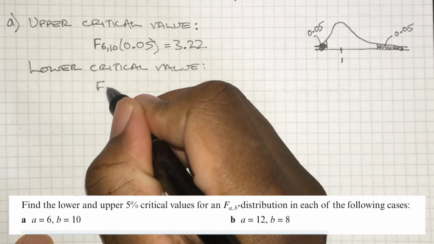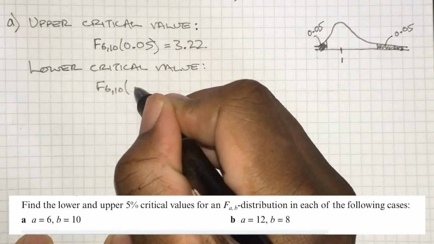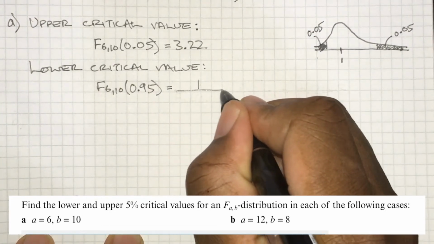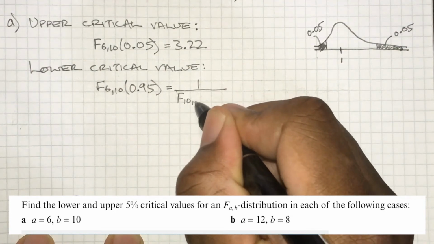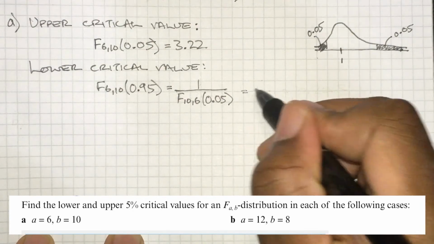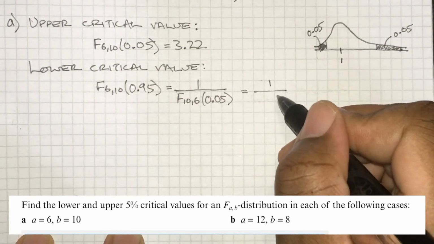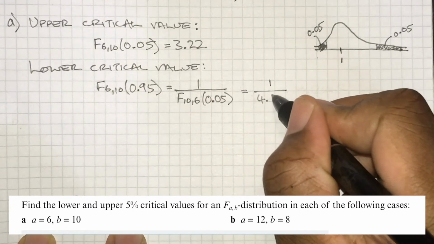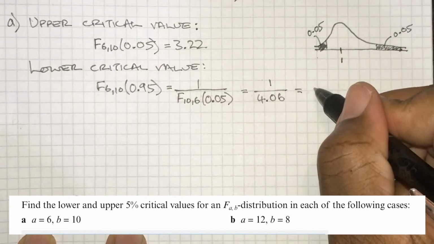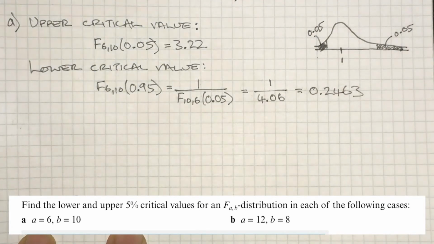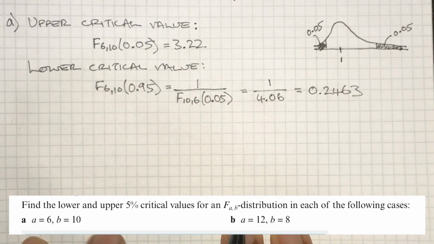So F 6,10 at 0.95 equals 1 over F 10,6 at 0.05. And now this expression in the denominator we can find from the tables. We read up and we get 4.06. Now 1 divided by 4.06 gives us 0.2463. Now that would be the lower critical value.